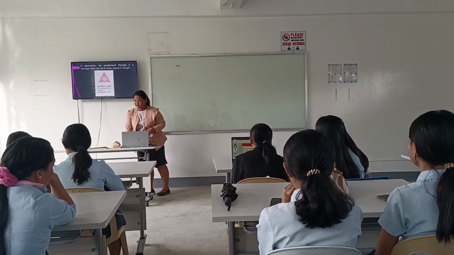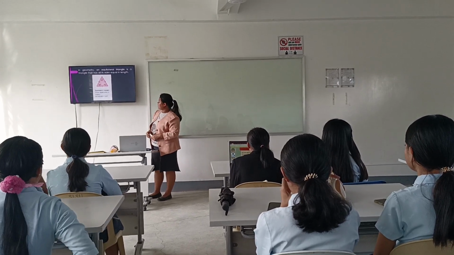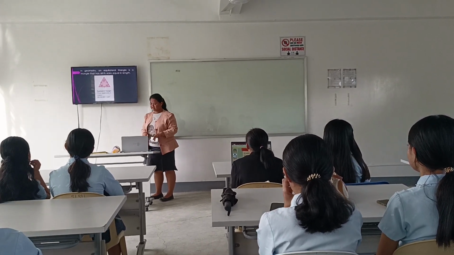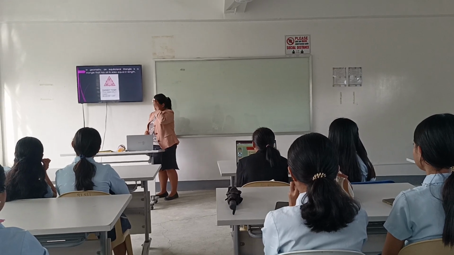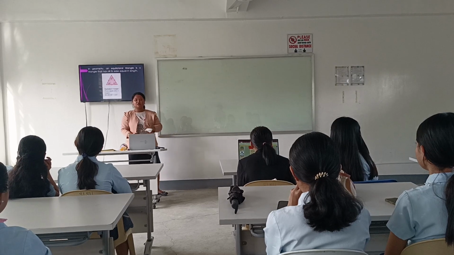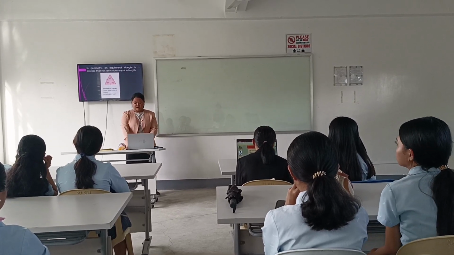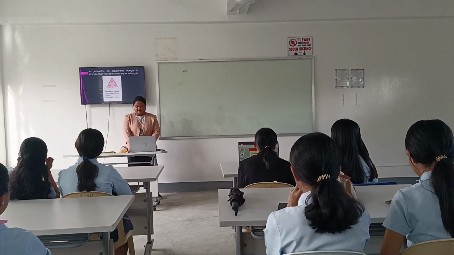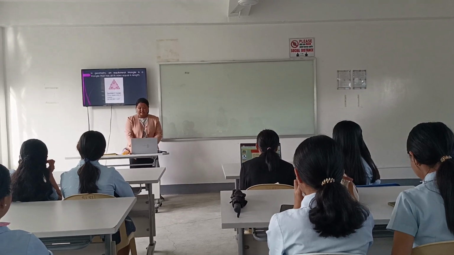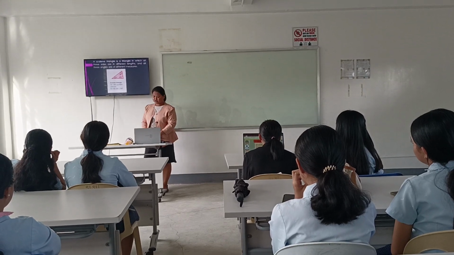Second would be the equilateral triangle. An equilateral triangle is a triangle that has all its sides equal in length. Let us remember that for all triangles, when you measure the interior angles, the sum is always equal to 180 degrees. The third one will be the scalene triangle.